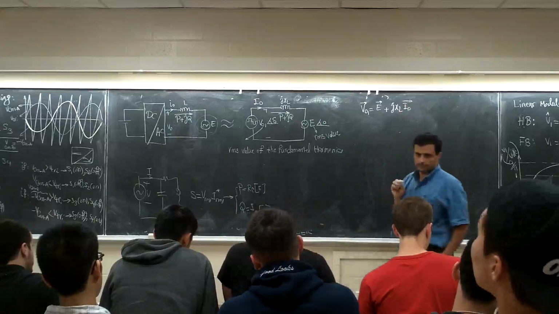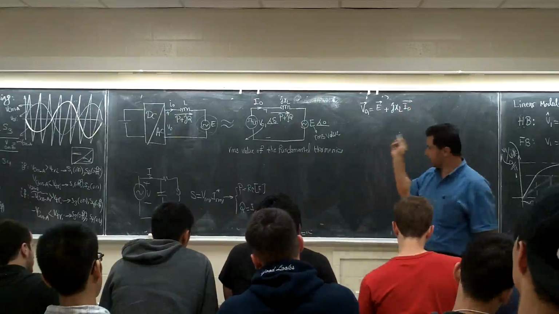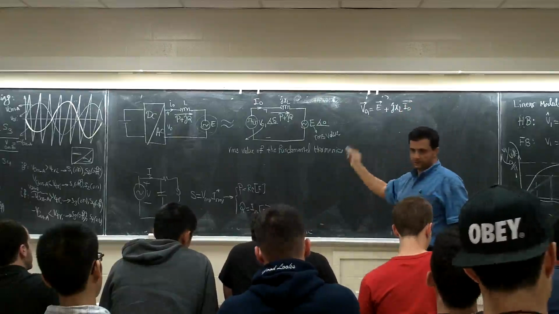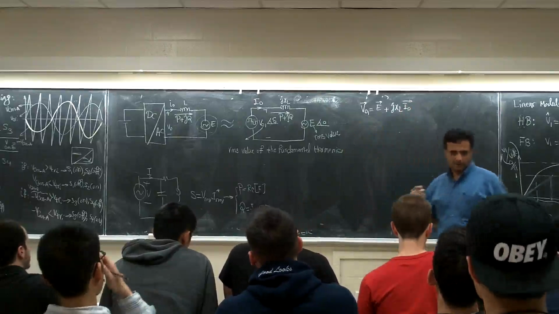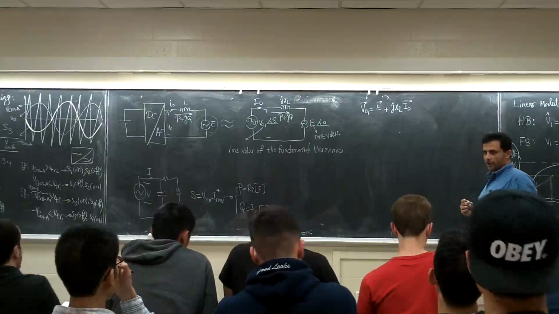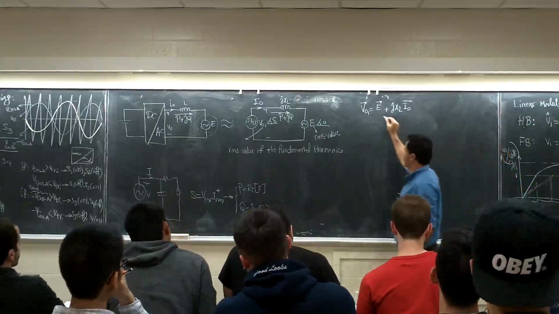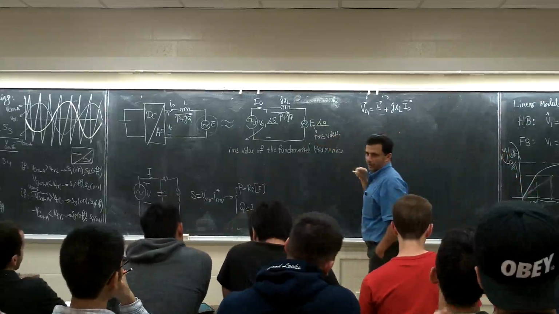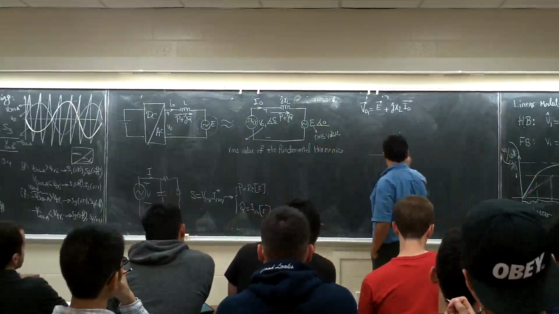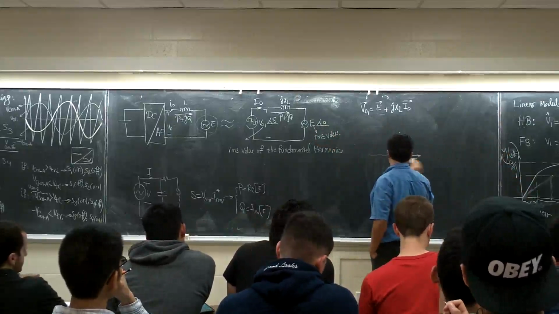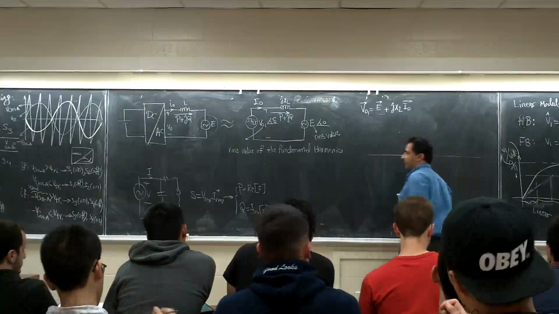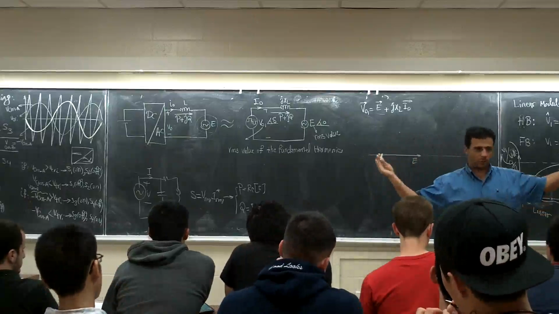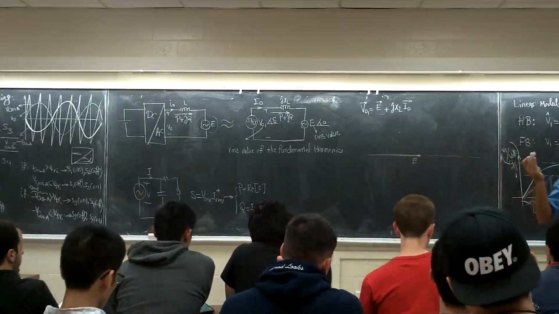right? These are vectors: VO1, E, and I are vectors. If you want to draw the phasor diagram for this one, let's start from here. I know E is E with an angle of 0, right? This is E, and this is my 0 axis, a vector with a magnitude of E and an angle of 0.